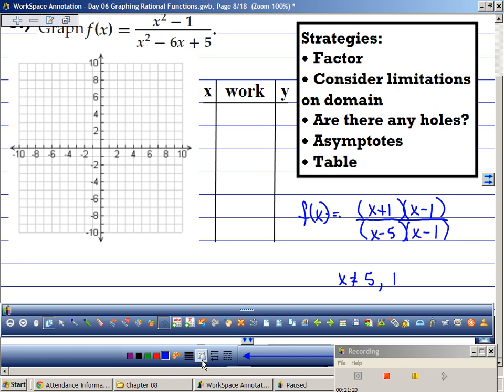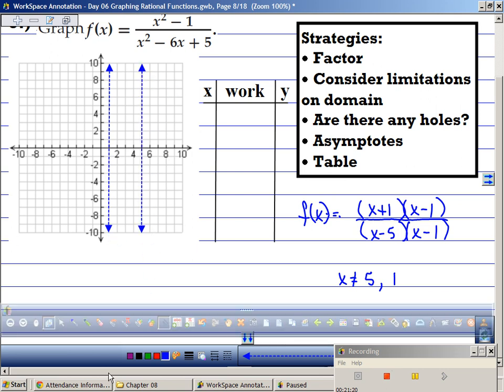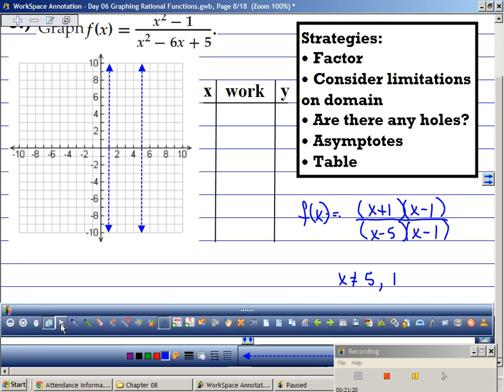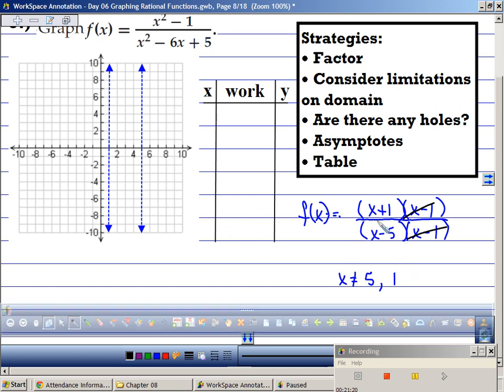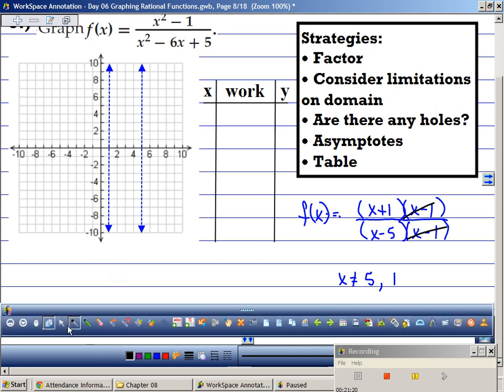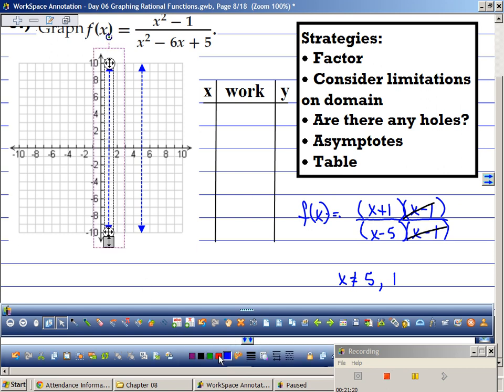I'm just going to go ahead and draw these, 1 and 5. Asymptotes, right? Mo's already on to me. Okay, Mo, what do I need to do still? What happens when I cancel out a factor that originally was one of the ones that restricts my domain? What happens then? It becomes a hole. No, x minus 1, that's where my hole is, right there.